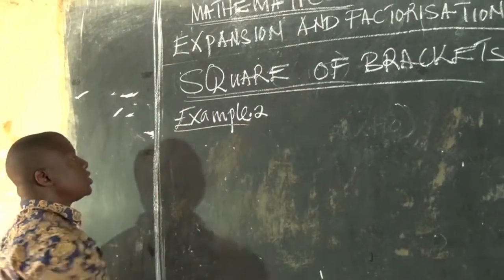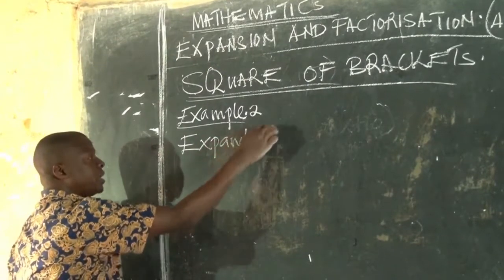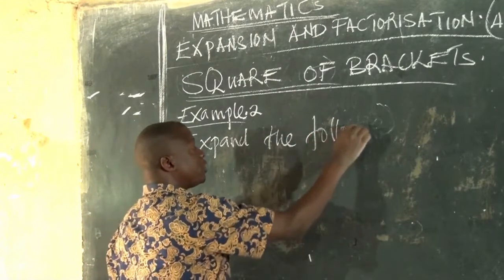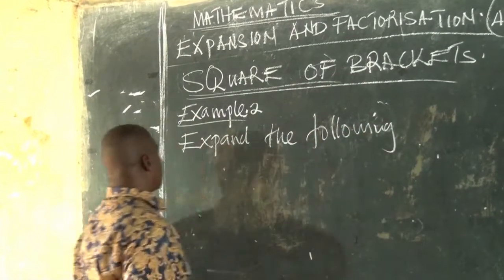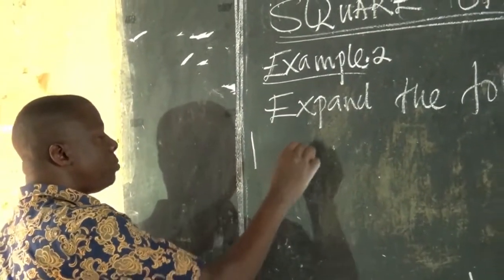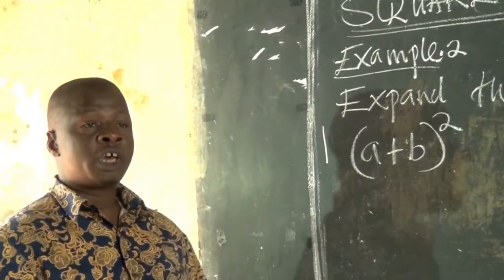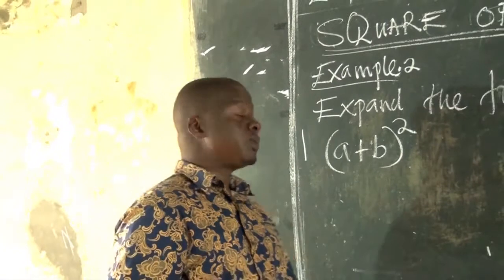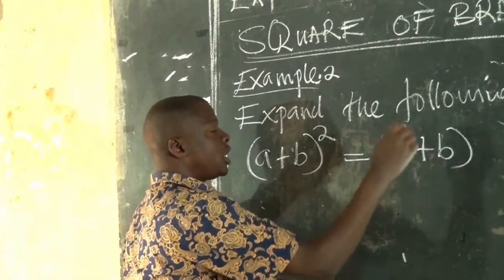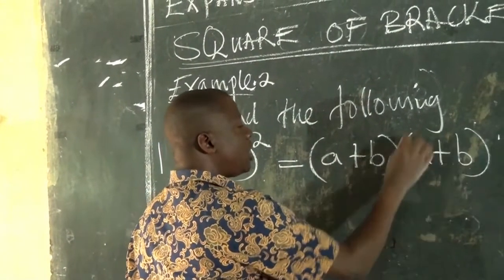Example 2: expand the following. Number 1, we say a plus b squared. If they say square of brackets, it means that you multiply that bracket by itself. This is a plus b, also a plus b.